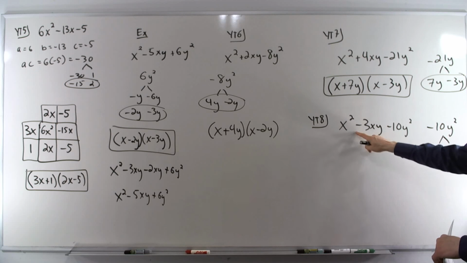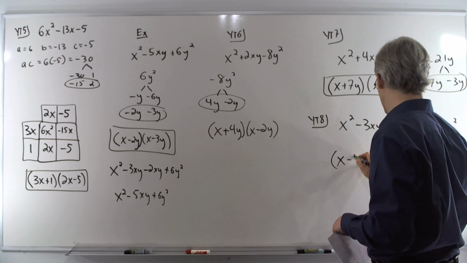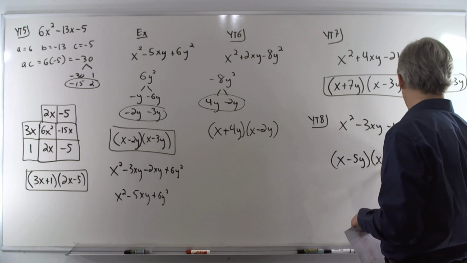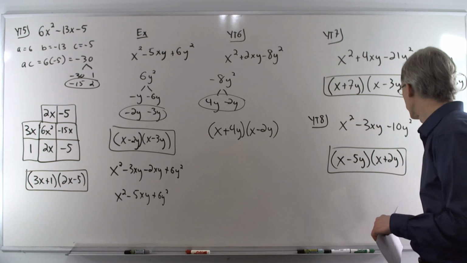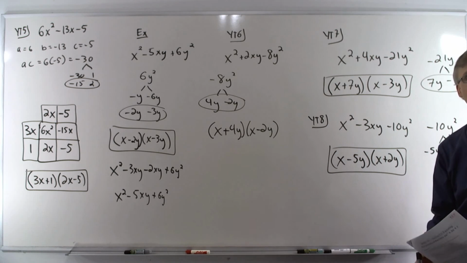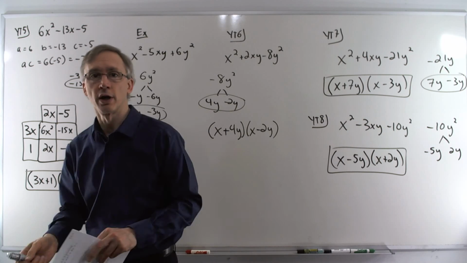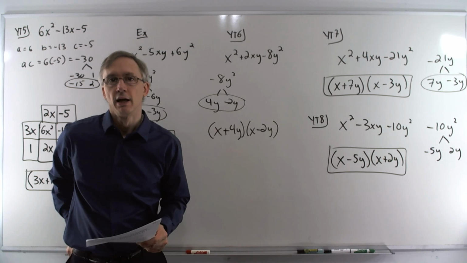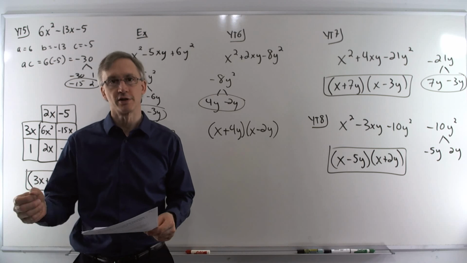These will add together to get negative 3y. And that gives us x minus 5y times x plus 2y. So these a not equal 1 trinomials take a bit of practice to get used to, but I recommend trying both methods until you find one you feel comfortable with, and then just stick with that one.